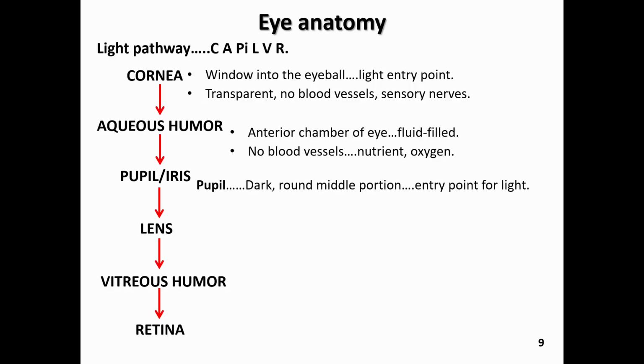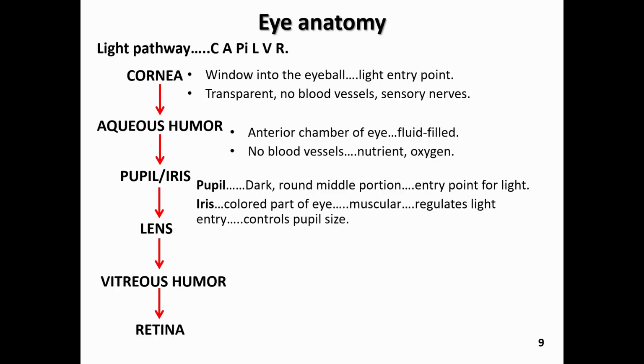The pupil is the dark, round middle portion of the eye, and that's the entry point for light. So light will enter this very small part of the eye here, and that light will eventually get transmitted through to the back of the eye.